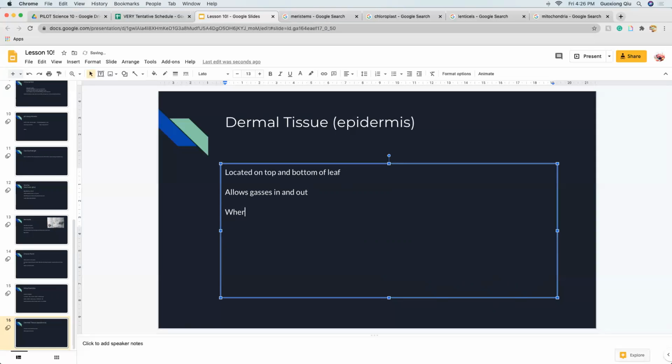And the epidermis is where the stomata are located, which includes the guard cells.